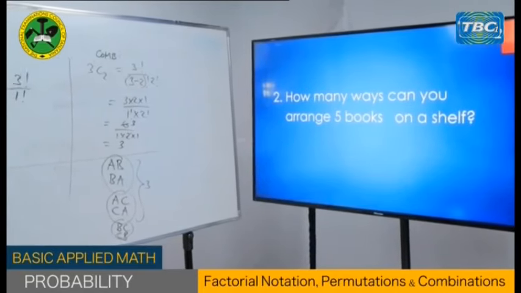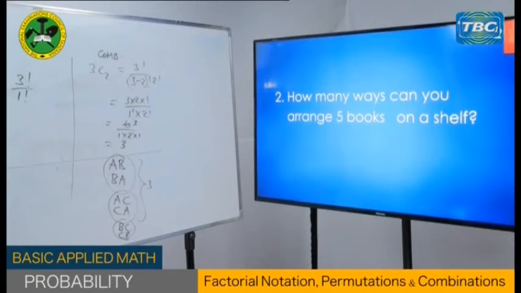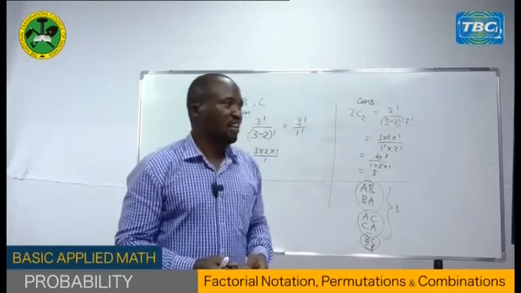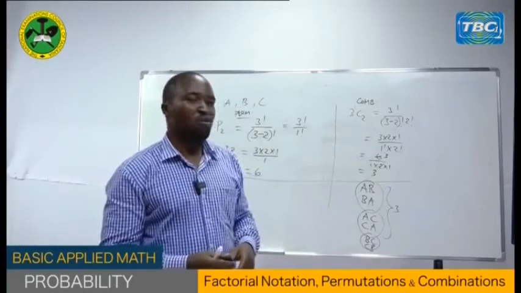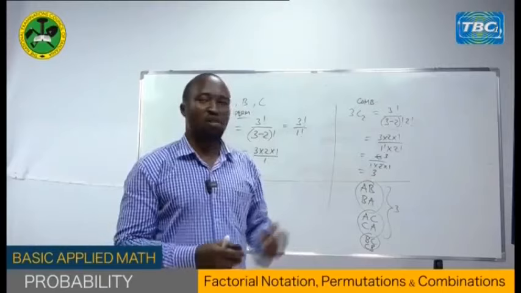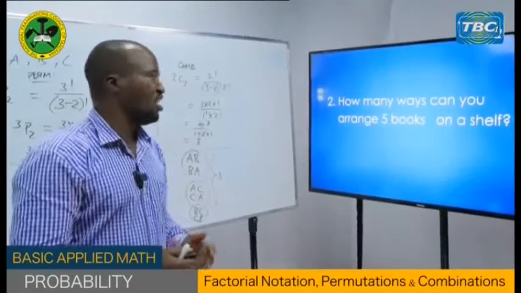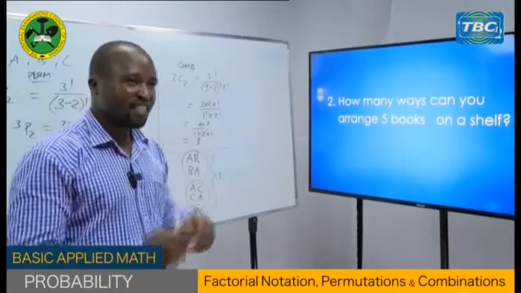Now, by using the 2 definitions of permutation and combination. Remember, in permutation, the order is very important. And for combination, the order is not important. Now, in this question, which perspective suits our question? Is it permutation or is it a combination? Try to think.